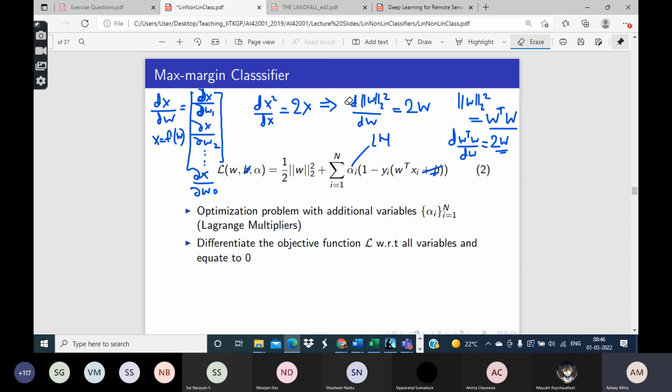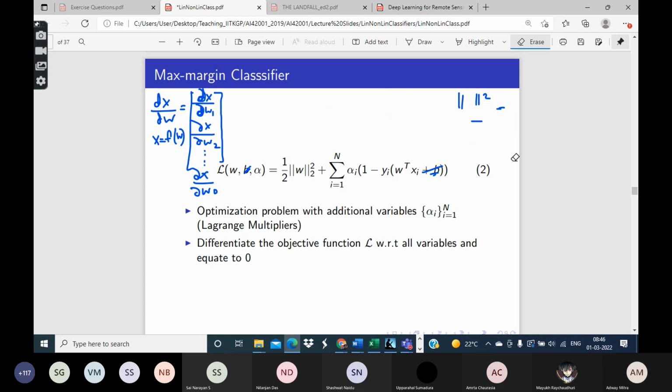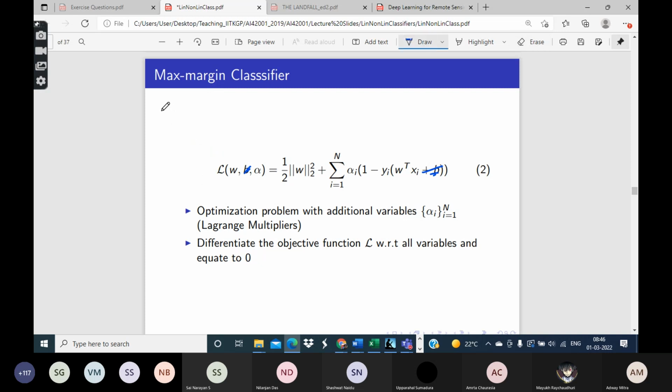So let us see what happens when you apply that formula in this case. Okay, in the first term, we have the squared L2 norm.